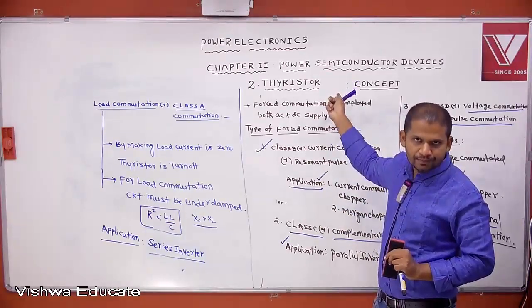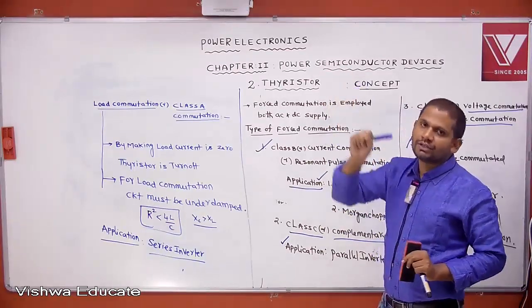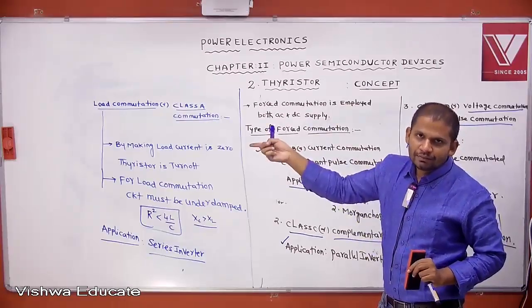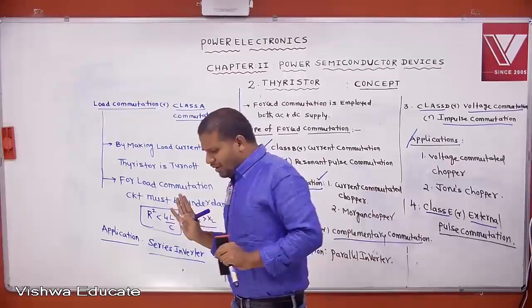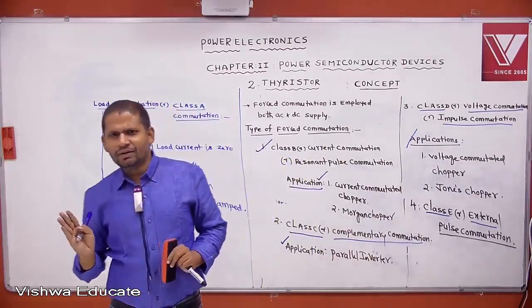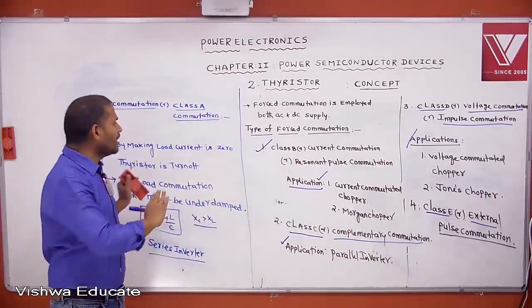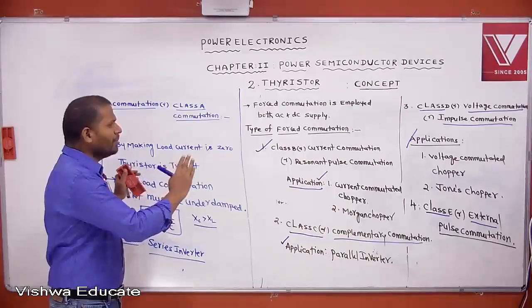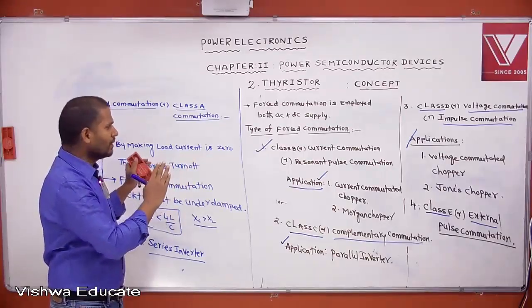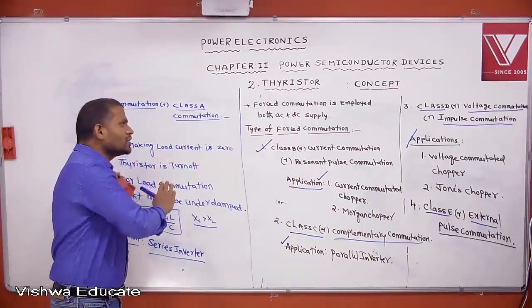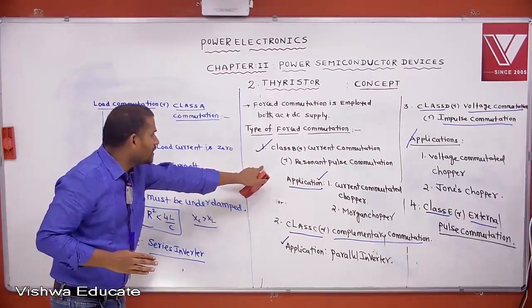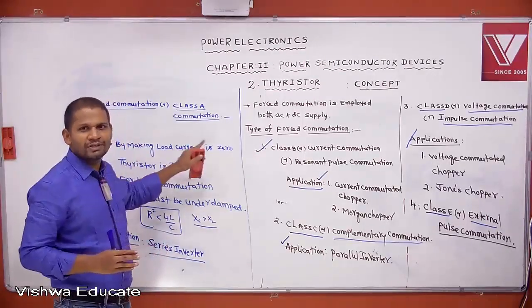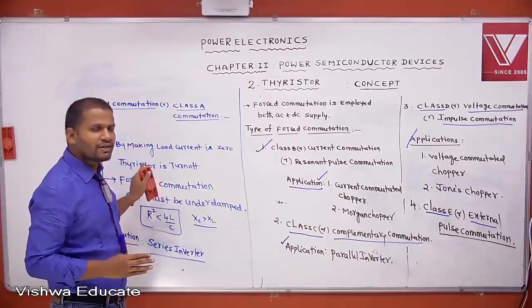F is natural commutation. A is the load commutation method. Even load commutation may seem the same as forced commutation, that is, load commutation is also a kind of forced commutation, but the concept of forced commutation and load commutation is different. That's the reason why I am separating them.